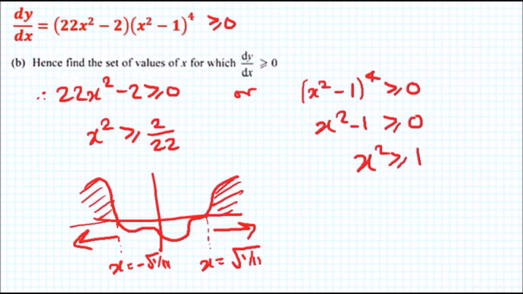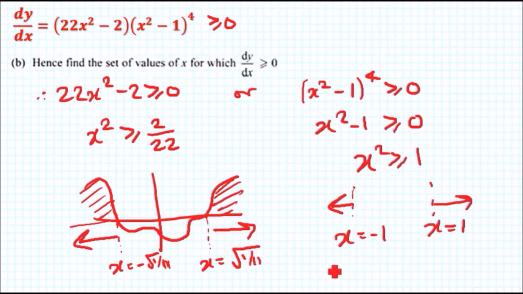Same rules apply, except now on the left hand side we accept values less than minus 1, square root of this one is 1, and on the right side we accept values greater than positive 1. However, these surds are smaller than this one, so in fact minus 1 and 1 are included in the other part.